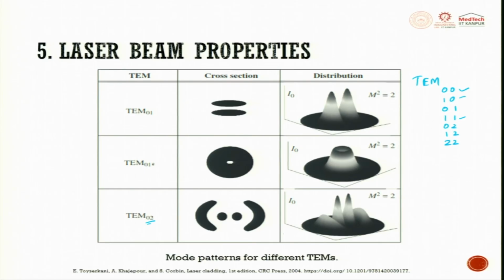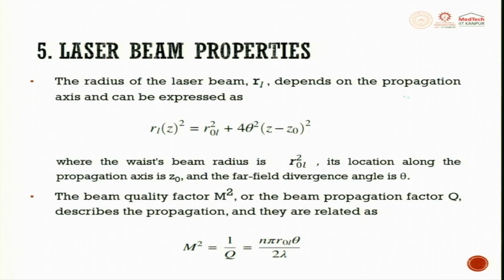The radius of a laser beam, so you have a spot, is always represented by R1 or Ri depending upon the propagation axis, and it can be expressed in this form, because the spot diameter is very important. The TEM00 and all are within the spot, whatever profile you are trying to get.